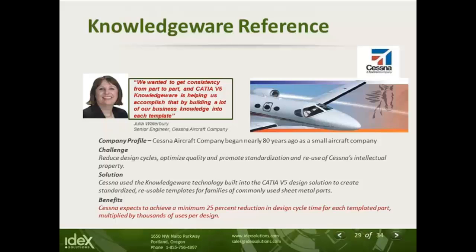And the benefits at the bottom, they expect to achieve a minimum 25% reduction in design cycle time for each templated part, multiplied by thousands of uses per design. So you can see very clearly the value that Cessna is getting out of Knowledgeware through the use of templates.